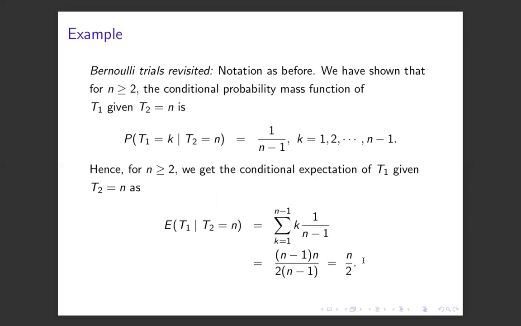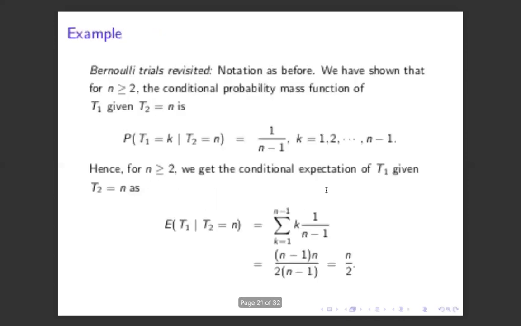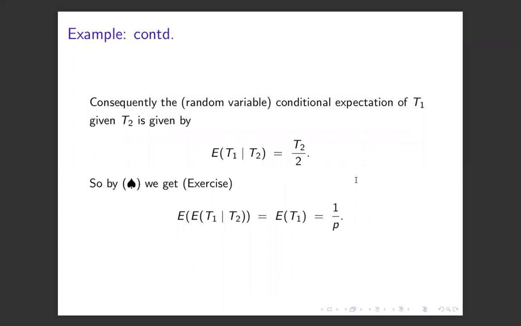I think if I go to the next slide, many of you would regret not having taken the plunge and taking the guess. Okay, it is just half of T2. See here, T2 equal to n and n by 2. So it is just that. The conditional expectation random variable, the conditional expectation of T1 given T2, is half of T2.